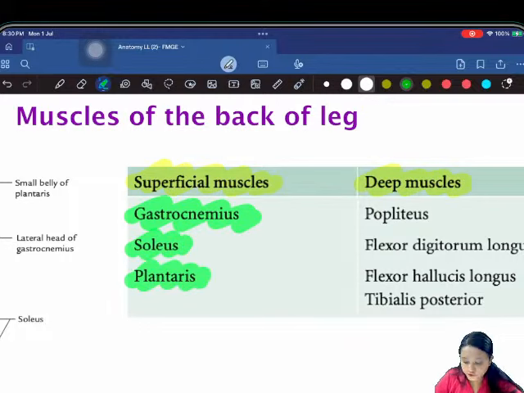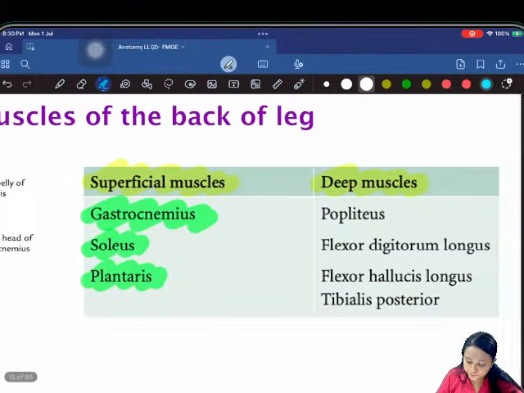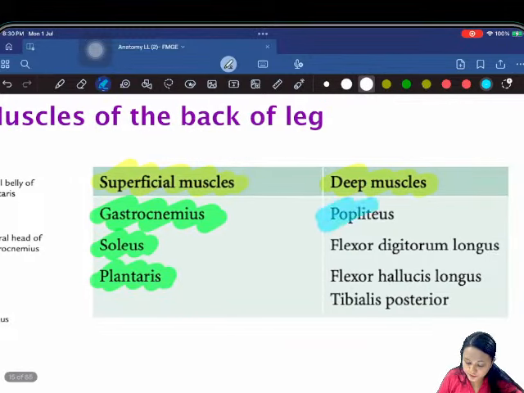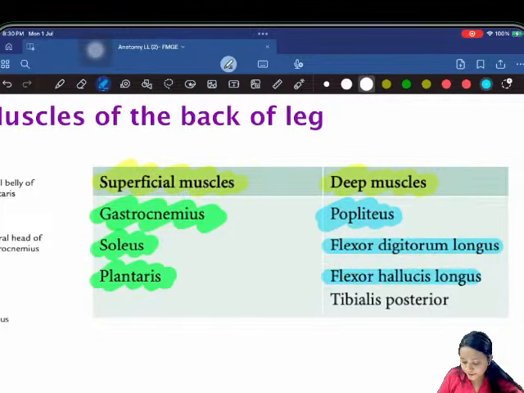In the deep group we have the popliteus, flexor digitorum longus, flexor hallucis longus and the tibialis posterior. So the superficial group has three muscles, and the deep group has four.